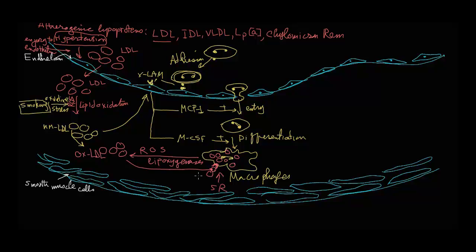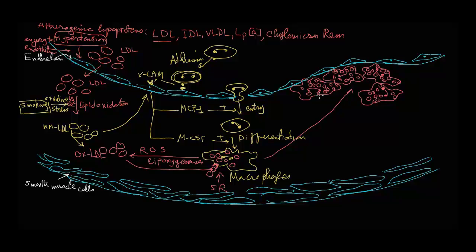This doesn't happen here. The scavenger receptors do not possess this regulatory property. So the macrophages become laden with oxidized lipoproteins without any limit, without any kind of regulation. So they will end up in the subendothelial spaces stuffed with oxidized LDL and other atherogenic species of lipoproteins.